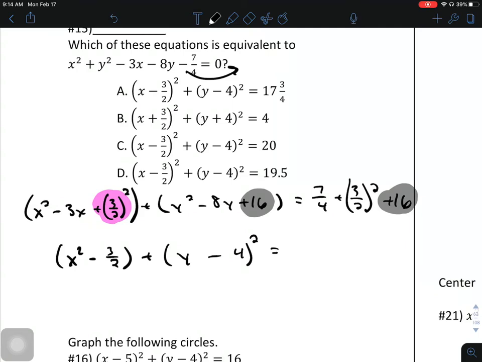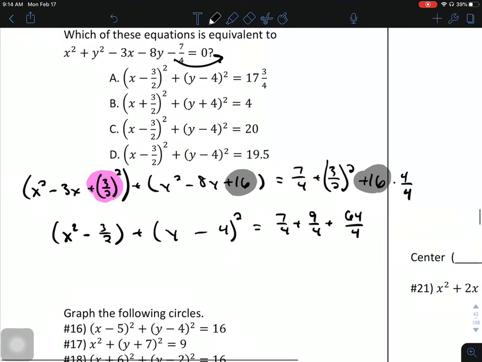Now the right side, I got a 7/4. When you square a fraction, you square the top and the bottom, so 3 halves is going to be 9/4. And then I want to get common denominators with a 16, so I'm going to change 16 to 64 over 4. That's equivalent to 16. It's essentially multiplying this by 1 in the form of 4 over 4.